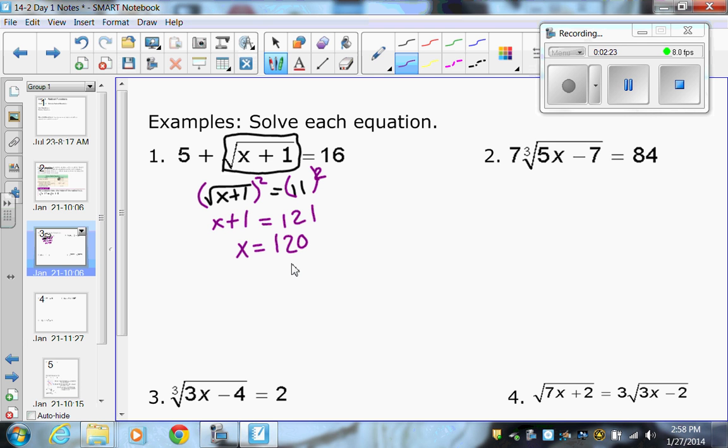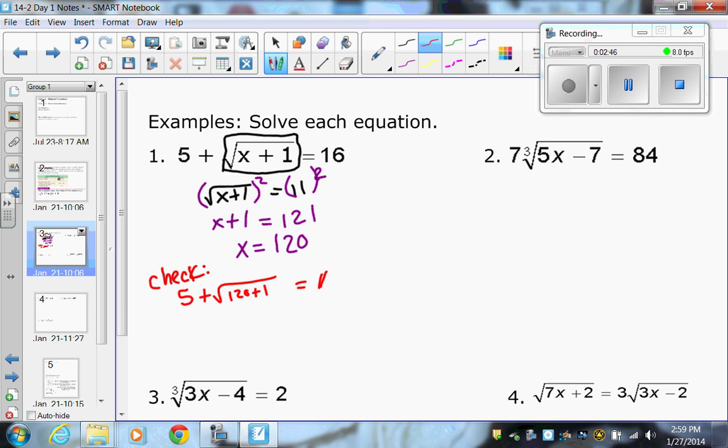Now, when solving radical equations, you must check your answers because sometimes, even though it says it works here, when you plug it back in, it does not work. So we're going to check over here by plugging this number in for x. I have 5 plus the square root of 120 plus 1.